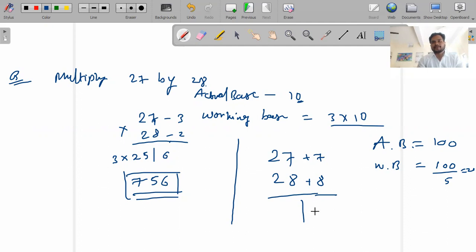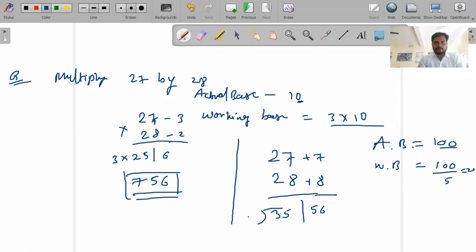Can I write here 56? Why? Because actual base is 100, and how many zeros are there? There are 2 zeros. So 56 is there. Now what is the addition here? 27 plus 8 is 35. Divide this number by 5 because working base is 100 by 5.